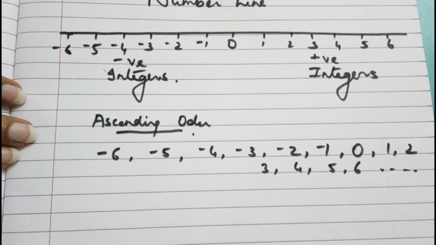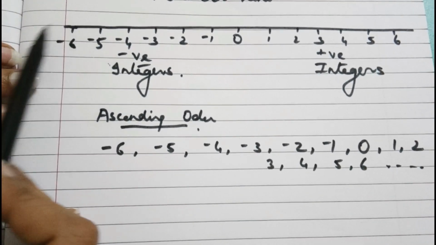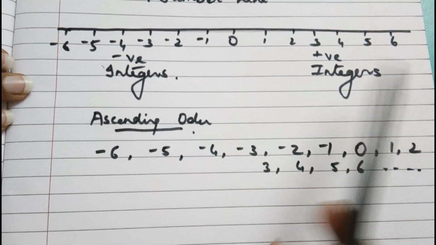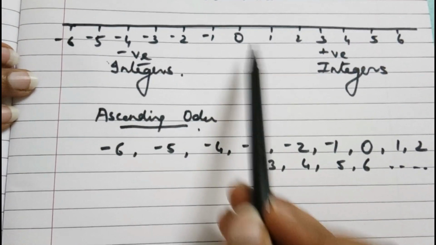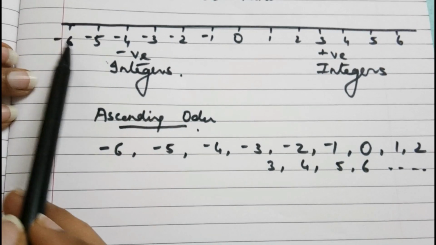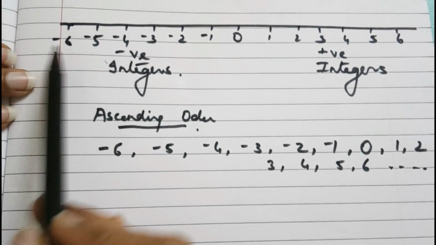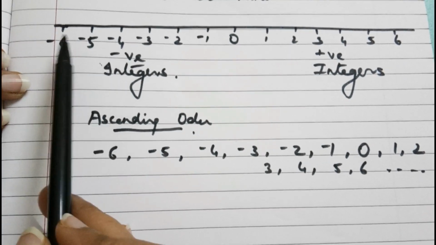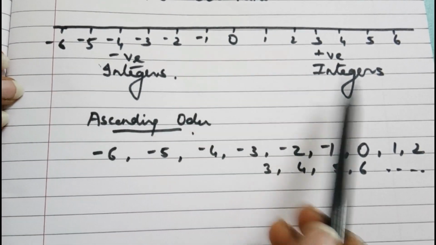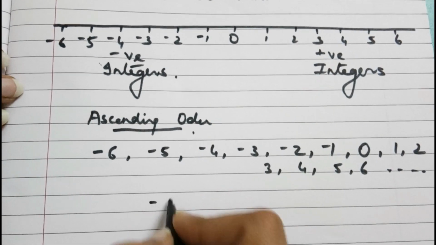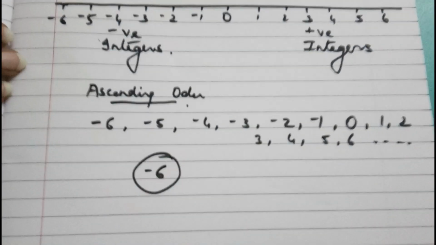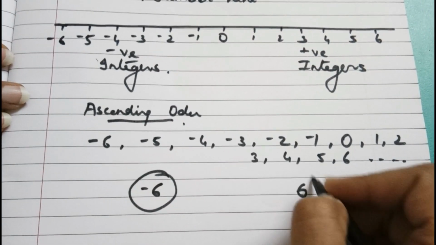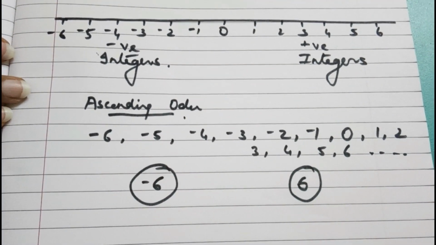So here whichever number is on the left side, we start the ascending order from there. In the negative integers, the higher the negative integer, the less its value is. So here the lowest value from all these numbers is -6, and the highest valued number on this number line is +6.